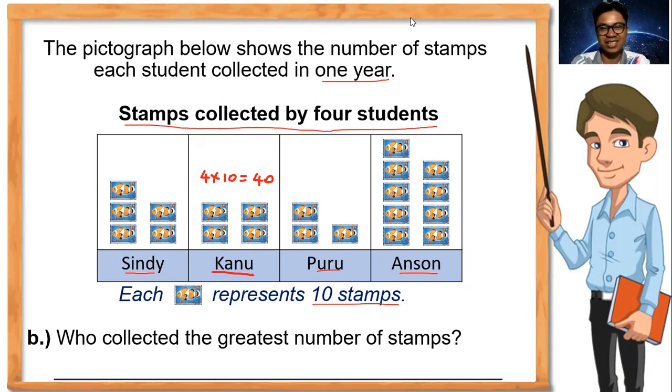You can see here: 1, 2, 3, 4, 5, 6, 7, 8, 9. So it is Anson. Anson has the greatest number of collected stamps. Anson collected the most number of stamps.